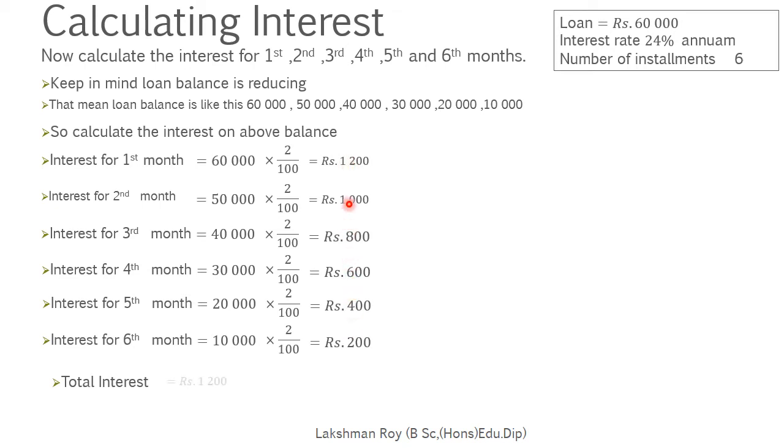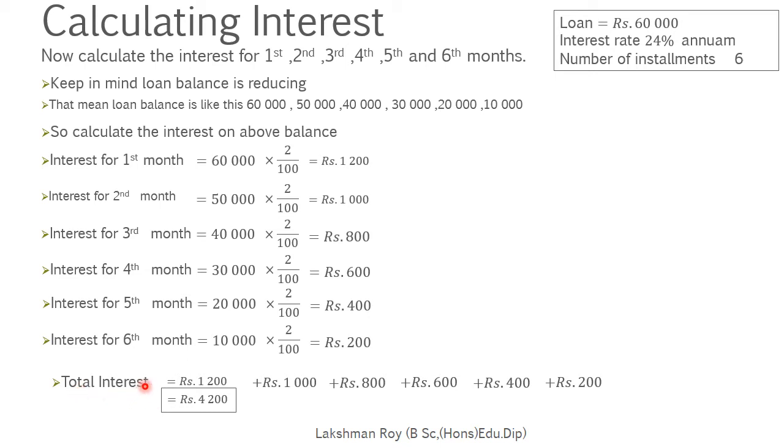First month 1200, second month 1000, third month 800, fourth month 600, fifth month 400, sixth last month 200 rupees. If you add those 6 amounts, you get total interest as 4,200 rupees. So using this long method you can calculate total interest.